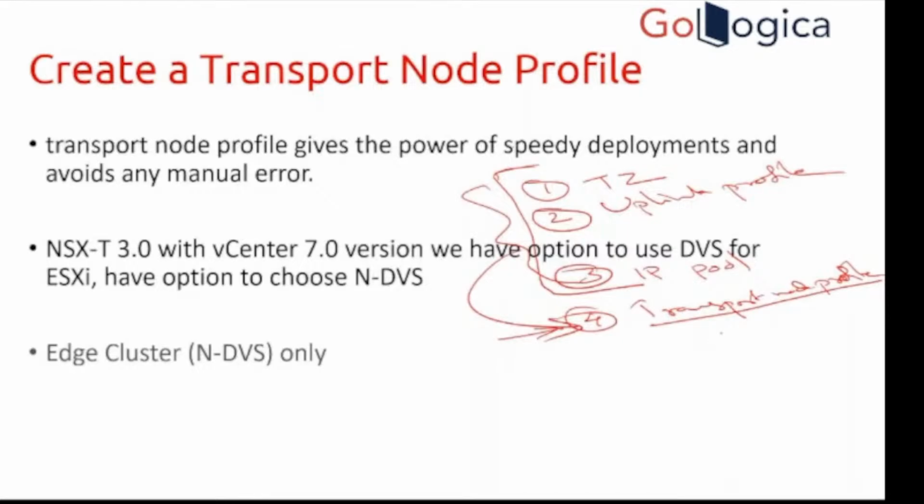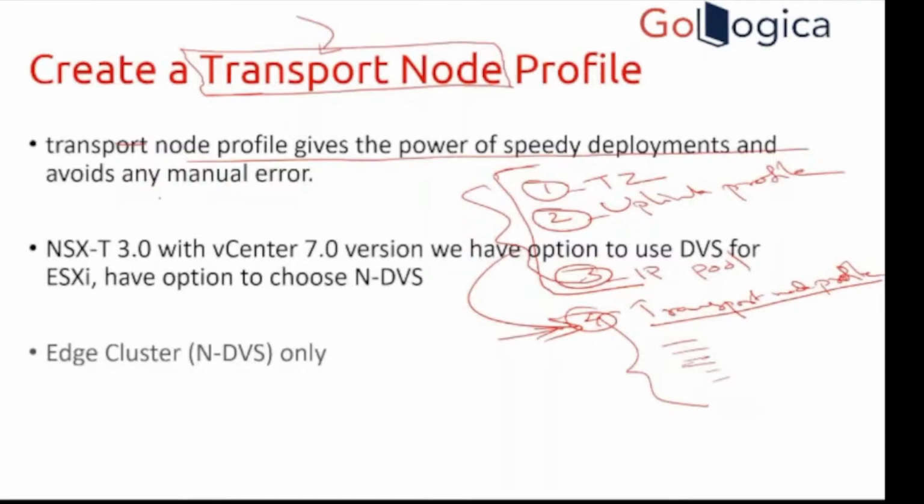It will pick one or two transport zones, the uplink profile, IP pool, and other parameters required for your node preparation. So the transport node profile defines the different parameters needed for the transport node preparation. Transport node profile gives the power of speedy deployments and avoids any manual error.